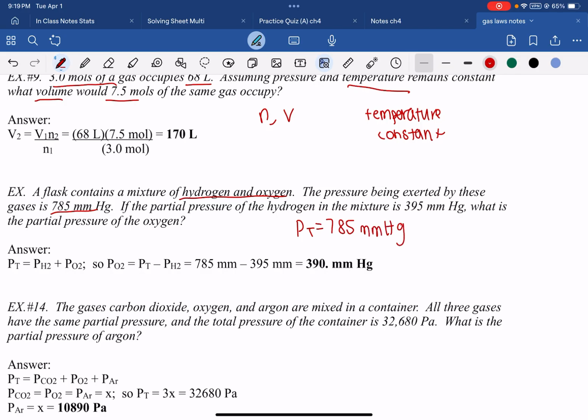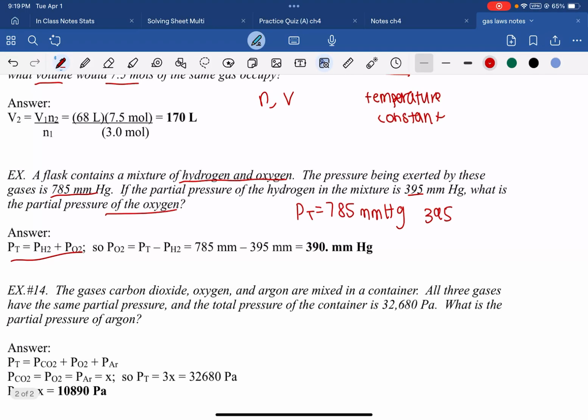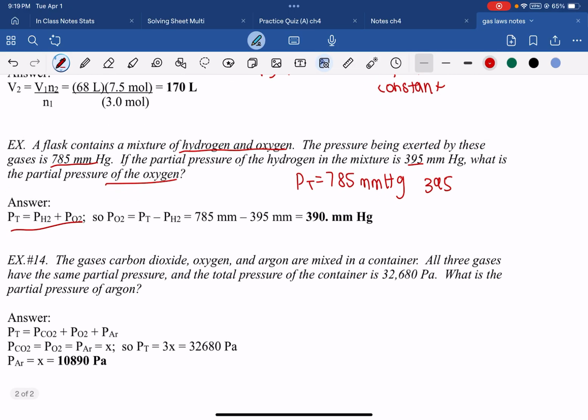And if the partial pressure of the hydrogen is 395, then what is the partial pressure of the oxygen? Again, you plug in the numbers, and if you subtract 395 from 785, it's going to be 390.